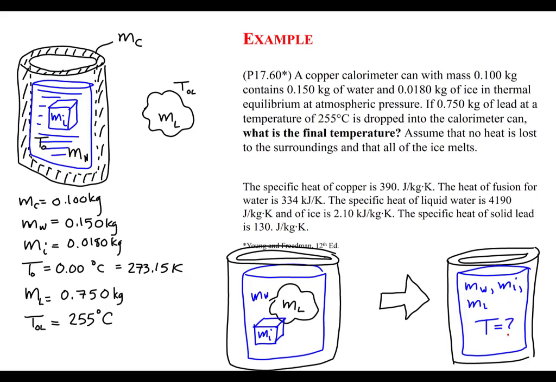That's what we're going to have to determine. We should realize that being at a higher temperature than the ice and the water, the lead is going to lose some of its thermal energy, while the water and the ice will gain some of that thermal energy.